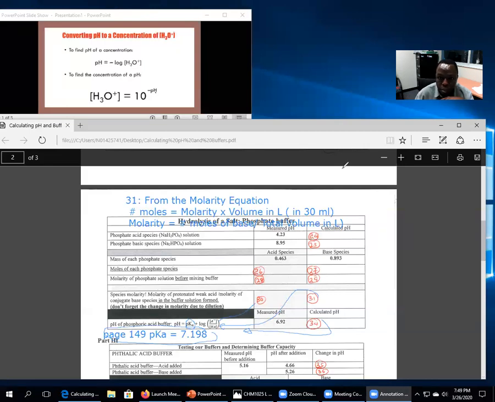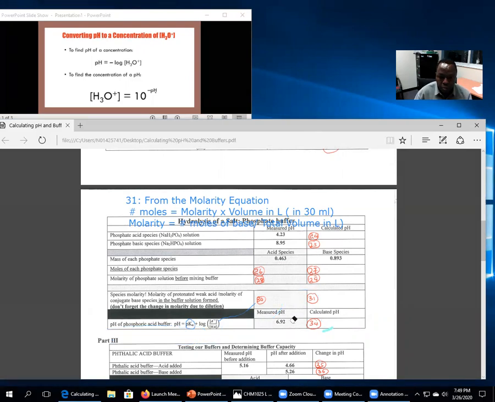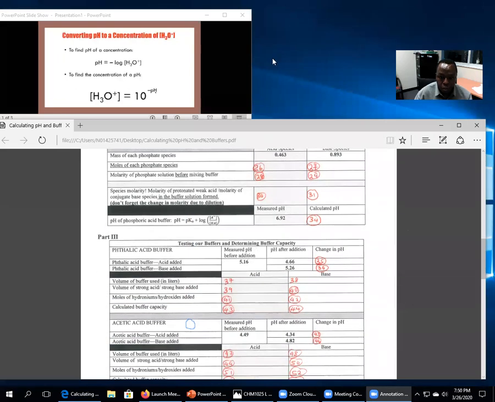If there is no question, I'm gonna move on to the next section, which is testing the pH of the buffer capacity of a solution. All right, testing the buffer capacity of a solution. I'm just gonna erase these right here and scroll up.